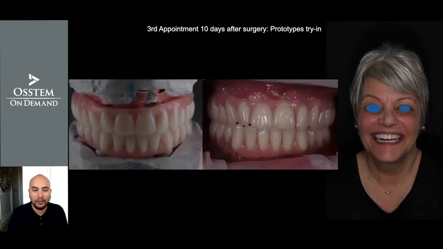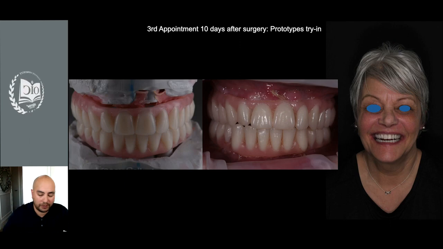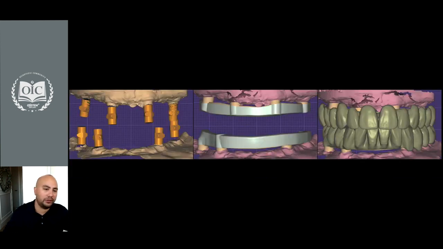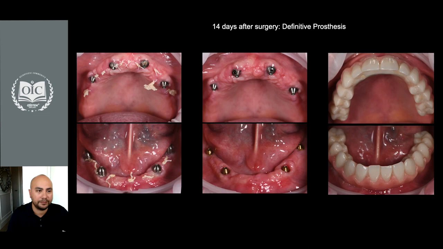Third visit, just 10 days after surgery, we can try the prototypes in the patient's mouth. In this case, we had to do some minor adjustments, and then we record the bite. Then we transfer all the data virtually, and we proceed with the design of the metal framework and of the definitive prosthesis.